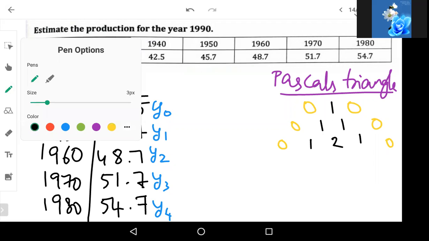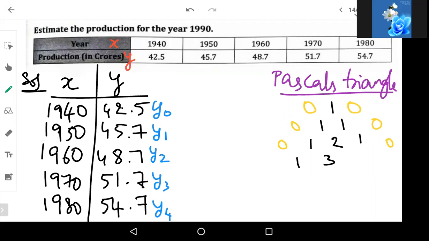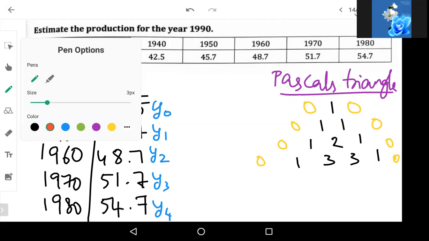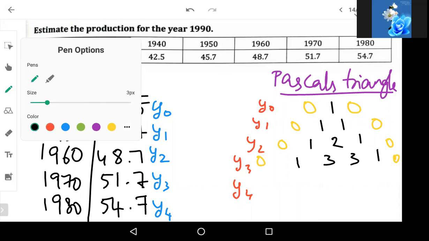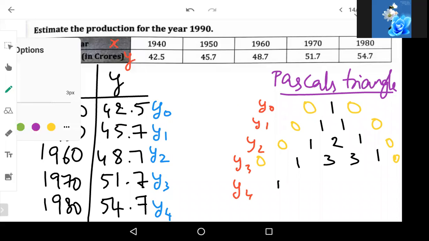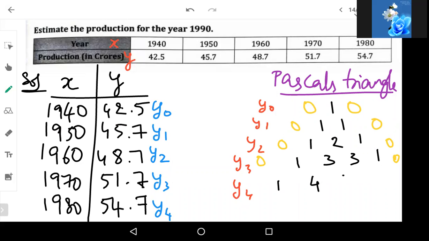Now again add: 1, 3, 3, 1. Again take zeros. So how many levels do we have to do? We have to do until y4. So this will be y0, y1, y2, y3. We have to do one more, y4. So one more level: 0 plus 1 is 1, 1 plus 3 is 4, 3 plus 3 is 6, 3 plus 1 is 4 and 1.